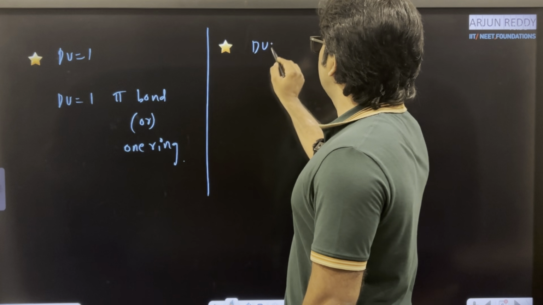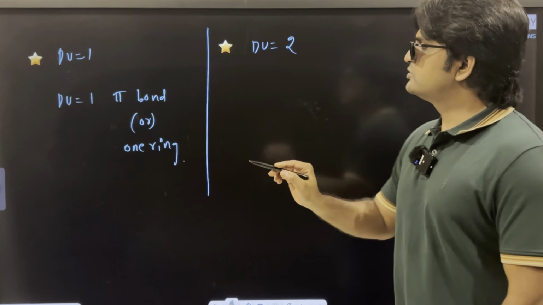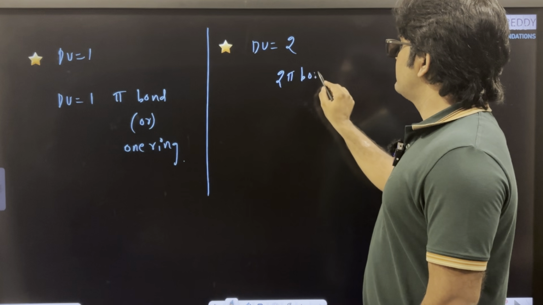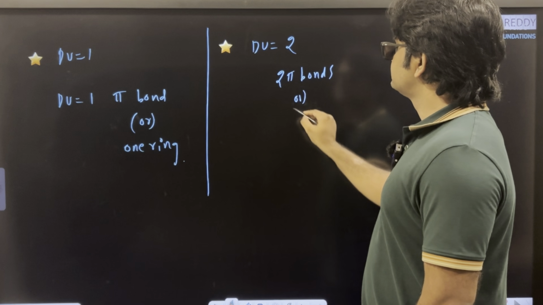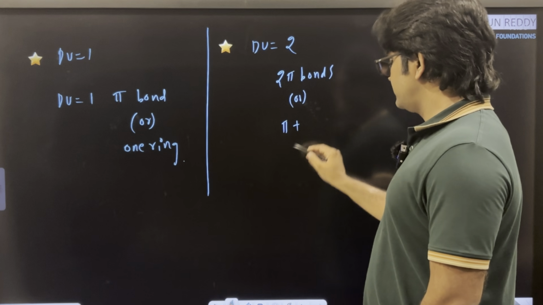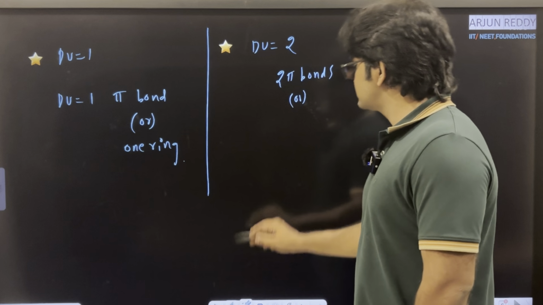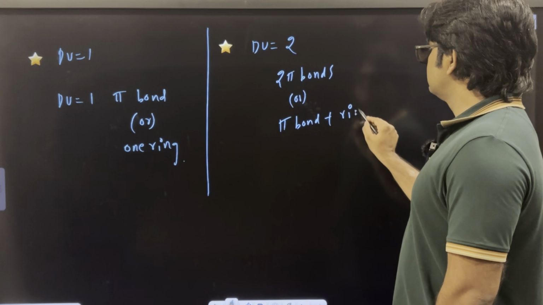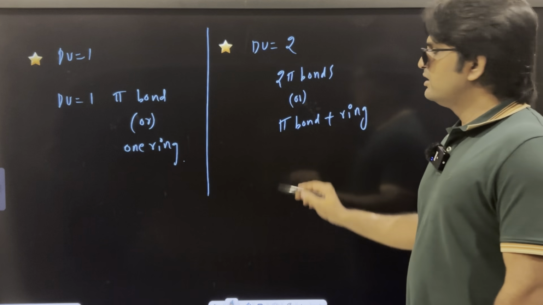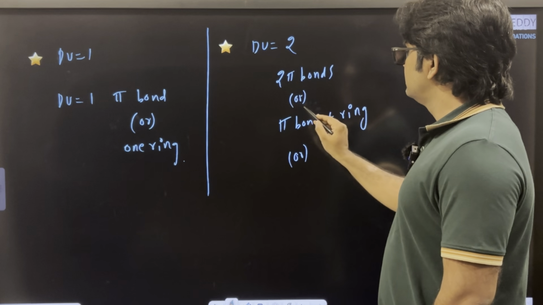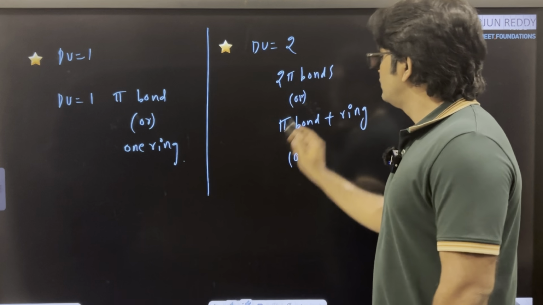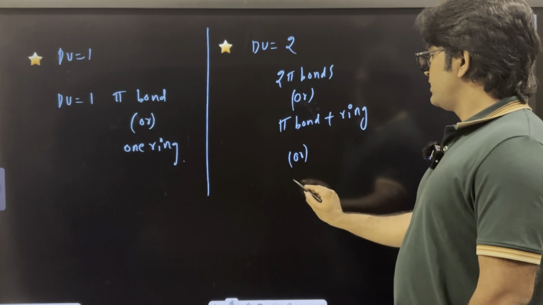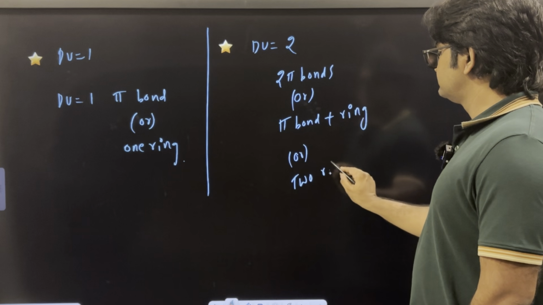If DU equals 2, then 2 pi bonds, or pi bond plus 1 ring, or what is the third possibility? Third possibility is 2 rings.